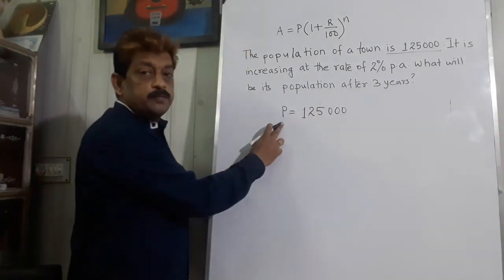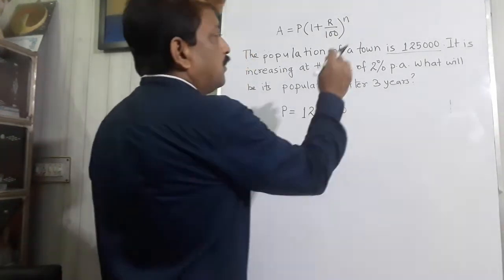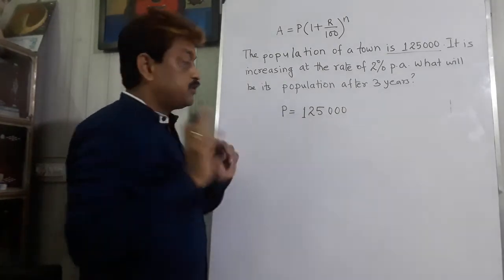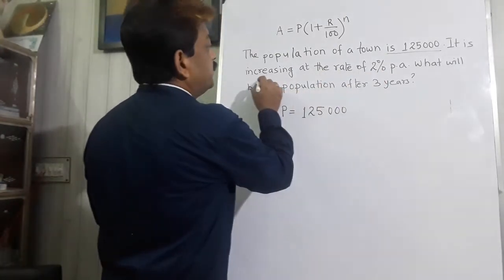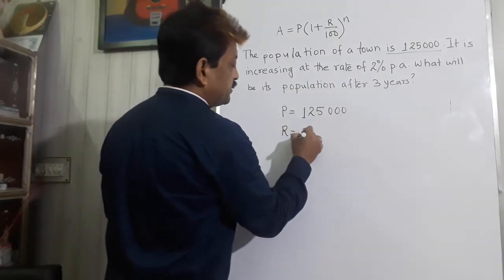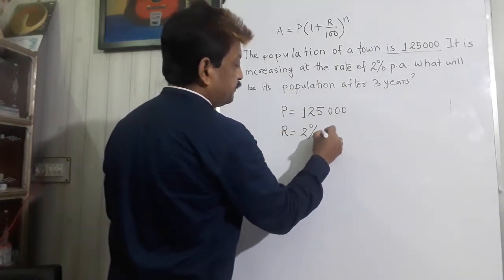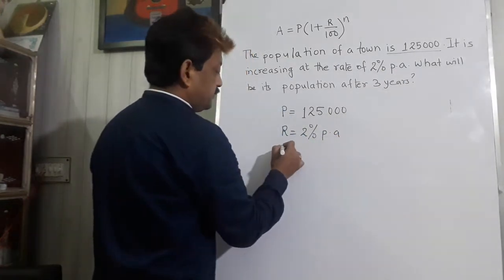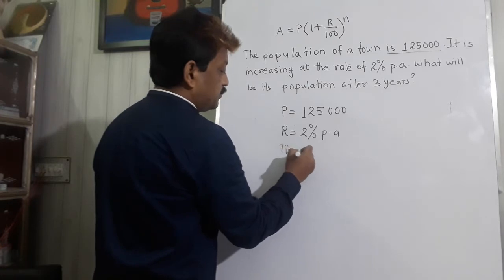Here P is not principal. Remember that. It is the initial value, but it will be treated as the principal. And it is increasing at the rate of 2% per annum. So R is equal to 2% per annum. And time is given as 3 years. Time equals 3 years.